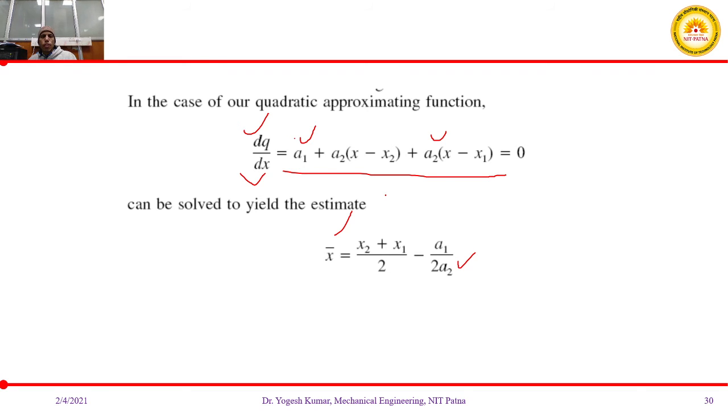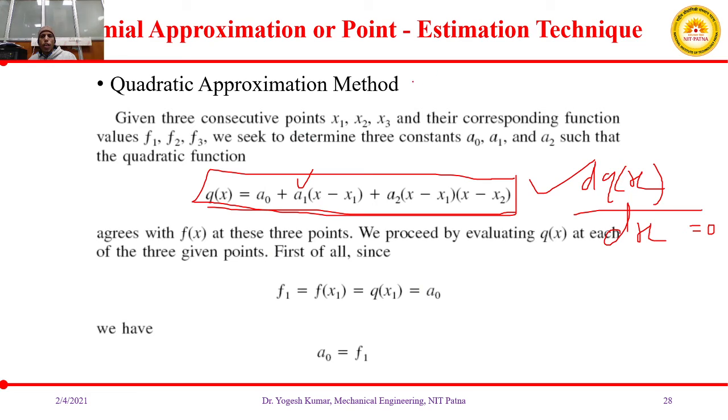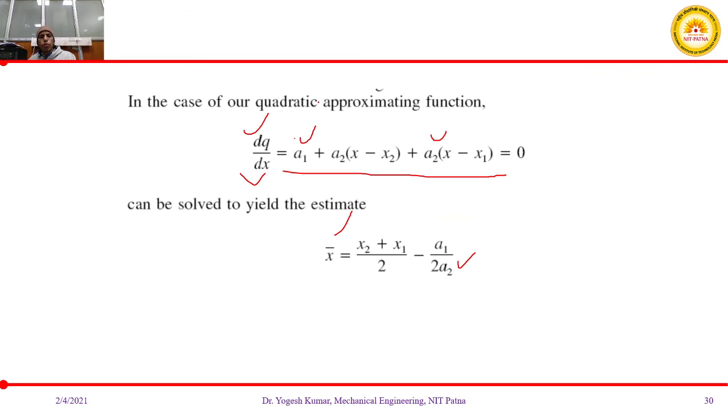So this is about polynomial, that is quadratic, approximation, and here we have got the optimum value of x equal to x2 plus x1 upon 2 minus a1 upon 2a2.